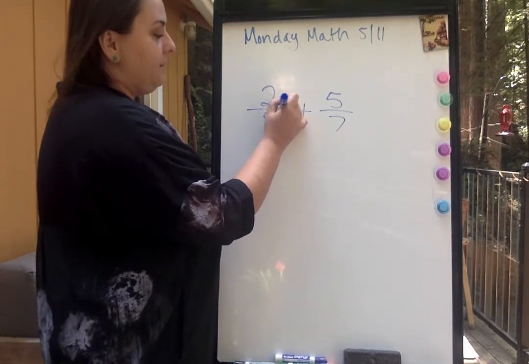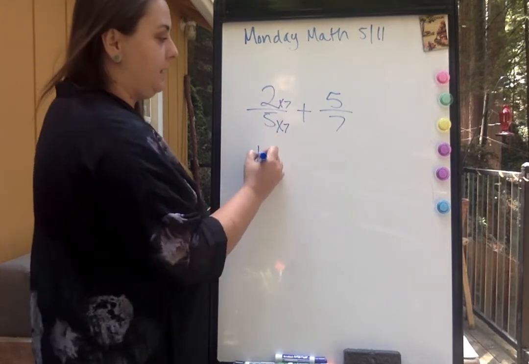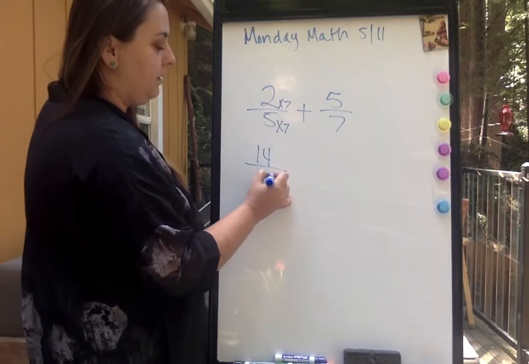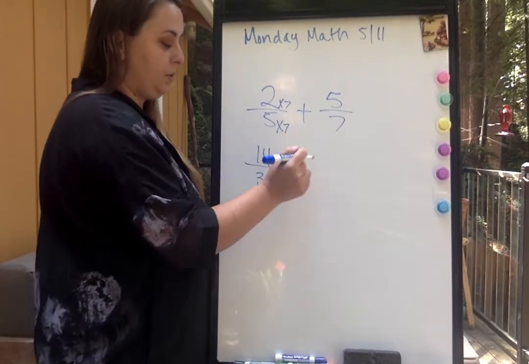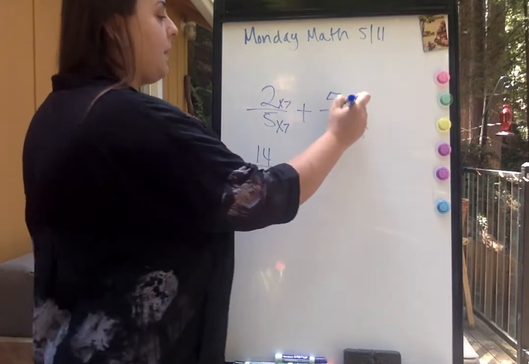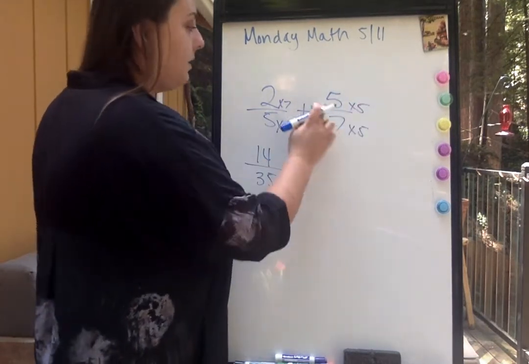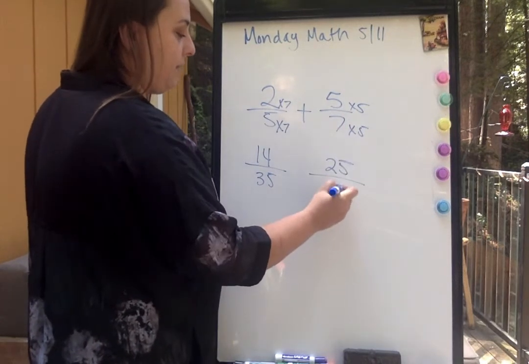So 5 times 7, whatever we do to the bottom, we do to the top. So 2 times 7 is going to give me 14/35. And then we turn a 7 into a 35 by multiplying it by 5. And whatever we do to the bottom, we do to the top, as always. 5 times 5 is 25. 7 times 5 is 35.